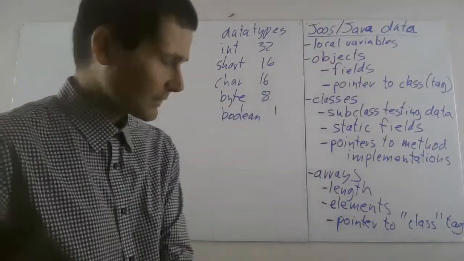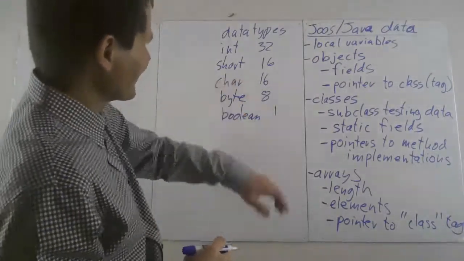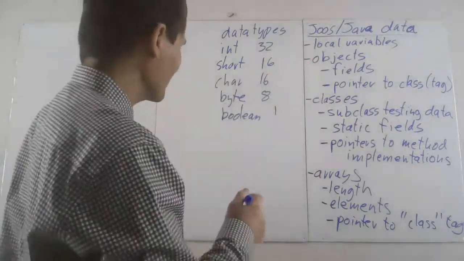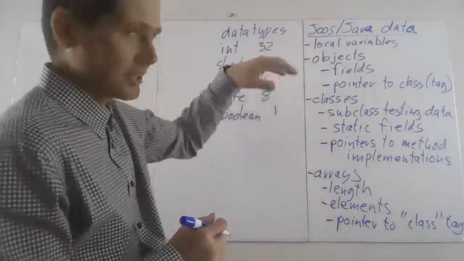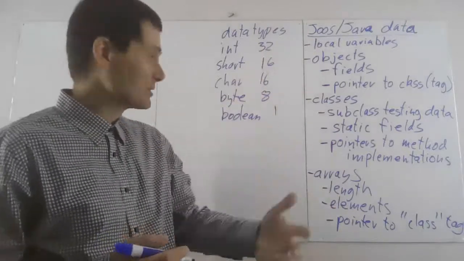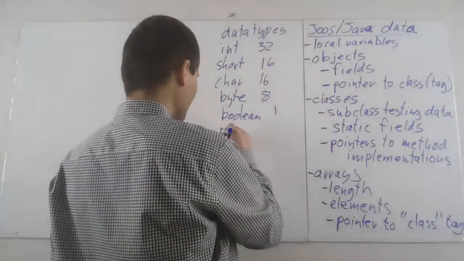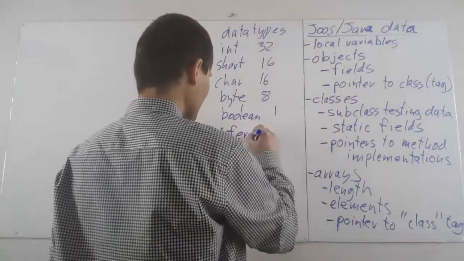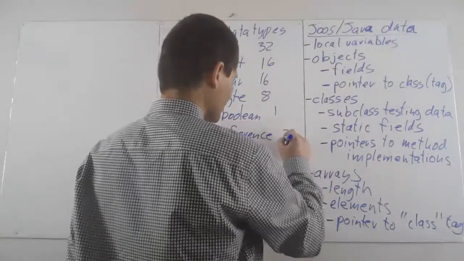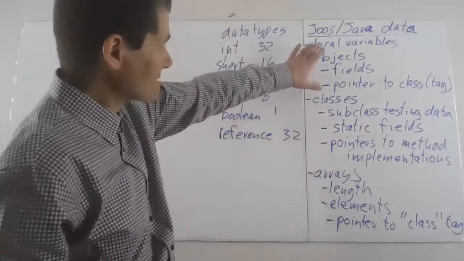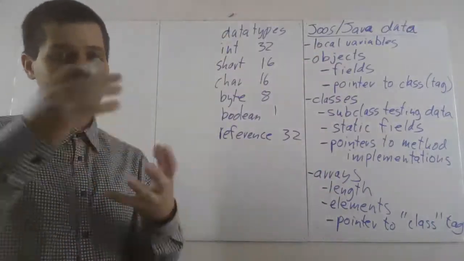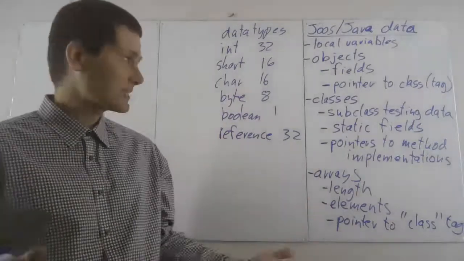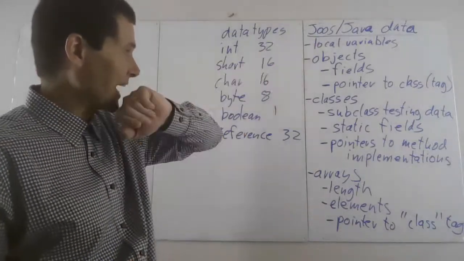And then, one thing that is actually kind of nice about Java is that objects and arrays, everything else, is always passed by reference. So I can just say reference is 32 bits. Obviously, the object itself is going to take more than 32 bits, but in Java, you always pass it by reference. You never copy it by value.